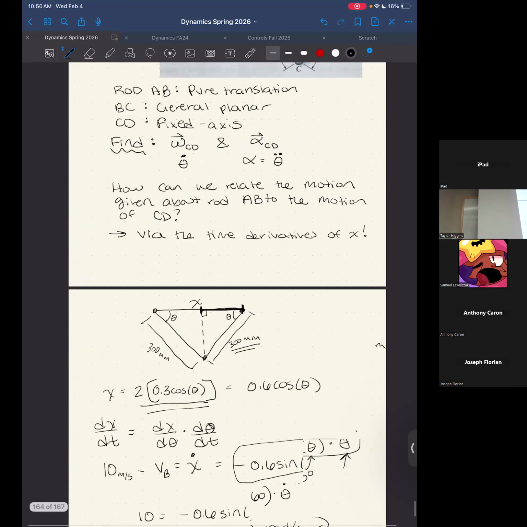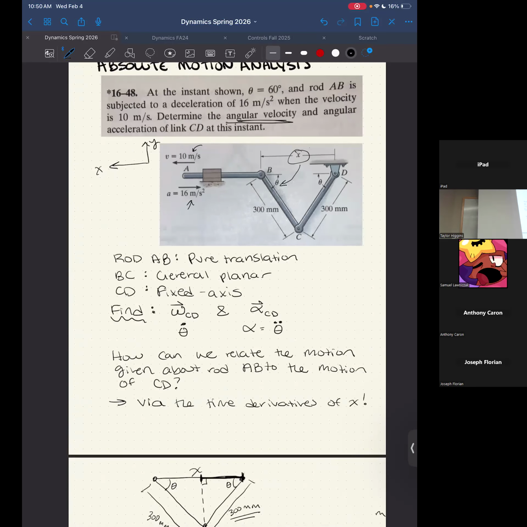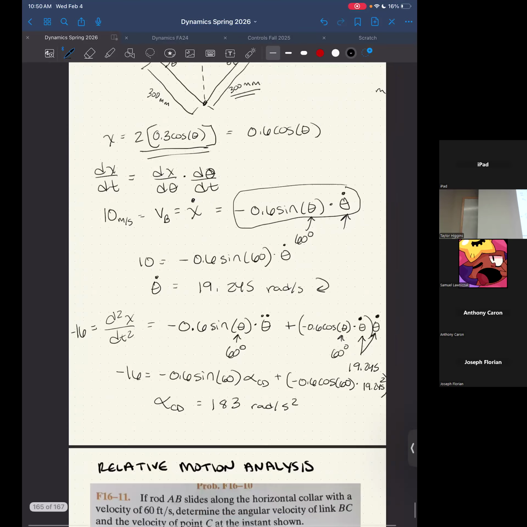I think you might have had to recognize that by the symmetry of the problem, omega BC is equal and opposite to omega CD. If you left them as not related to each other, you might have had too many unknowns. Okay, you probably could have gotten there.